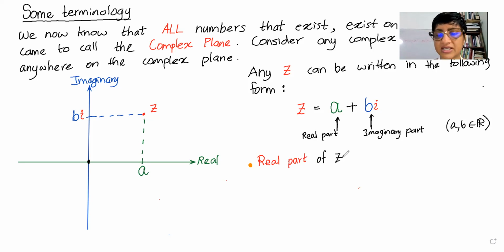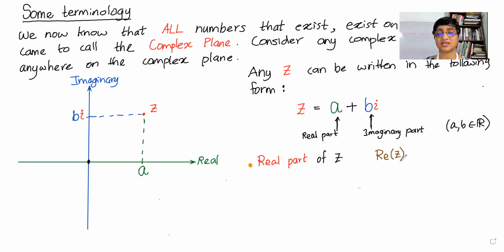The notation for this is RE in brackets Z. How do you read this? Real part of Z. Shortened notation. So it's part of the terminology related to complex numbers.